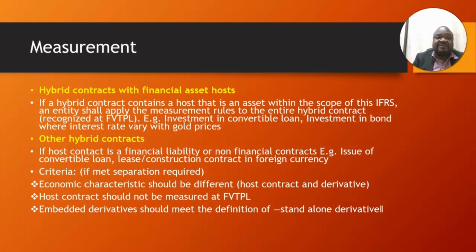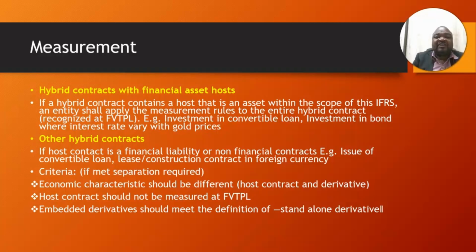What is the measurement? Hybrid contracts with financial asset hosts. If a hybrid contract contains a host that is an asset within the scope of this IFRS, an entity shall apply the measurement rules to the entire hybrid contract that is recognized at fair value through P&L. For example, investment in convertible loan, investment in bond, where interest rates vary with gold prices. Other hybrid contracts.